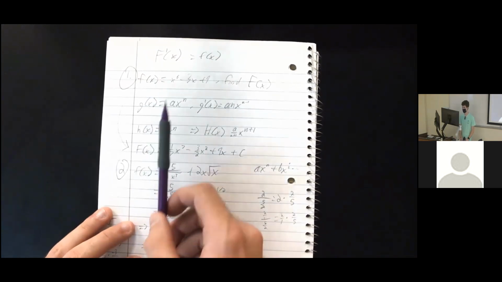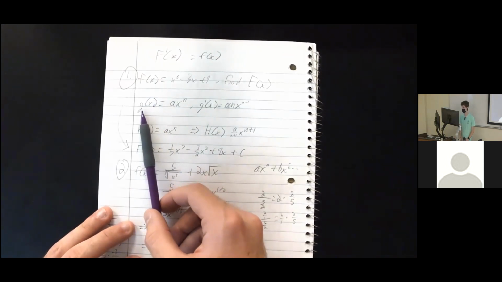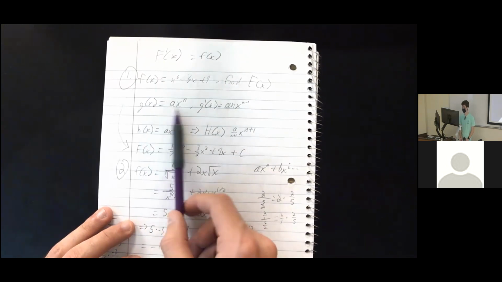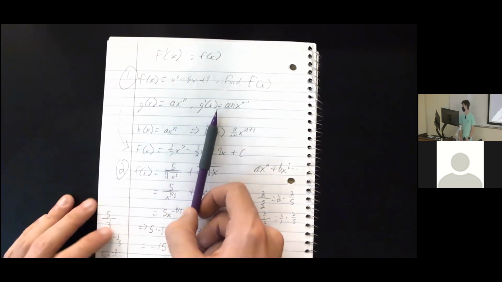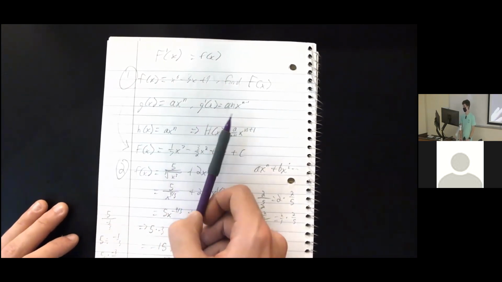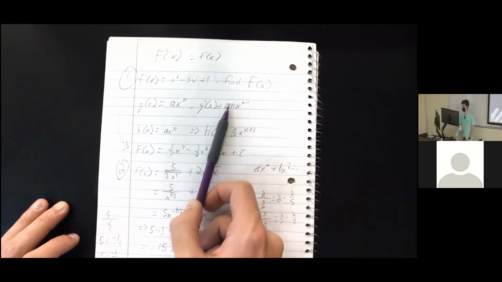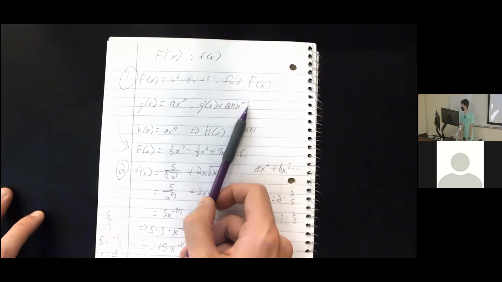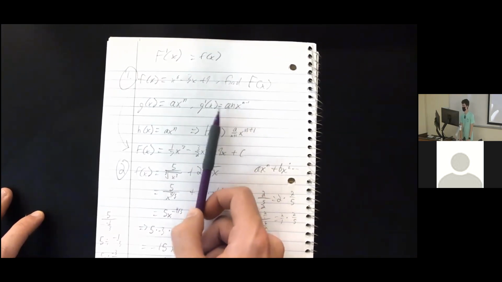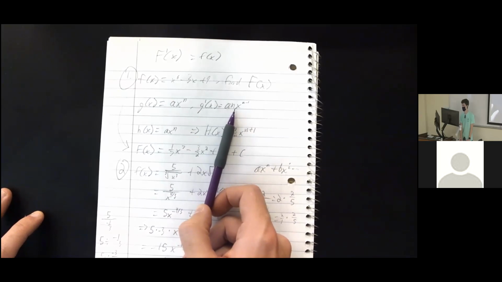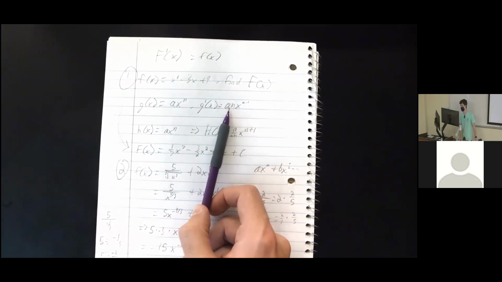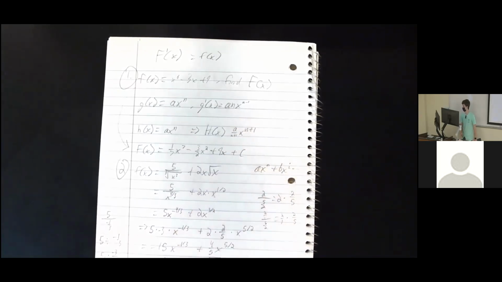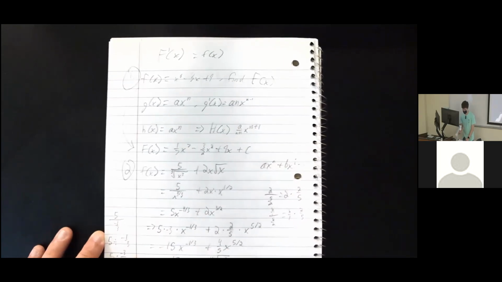If we have some original function g of x, normally to find its derivative we bring down the exponent and subtract one from the exponent. We multiply the original exponent by the coefficient or constant that was already in front of the exponential x term.